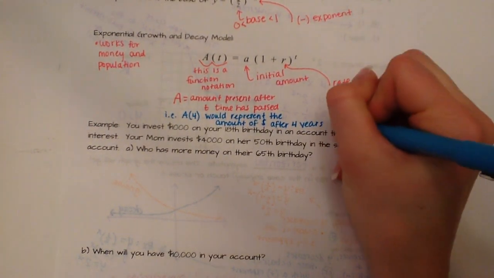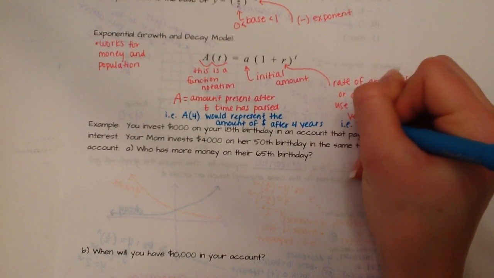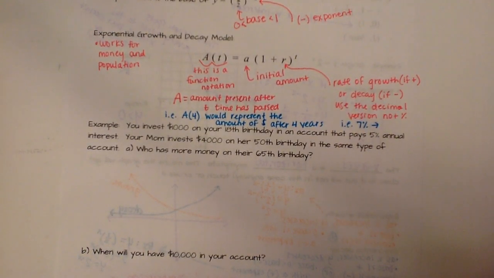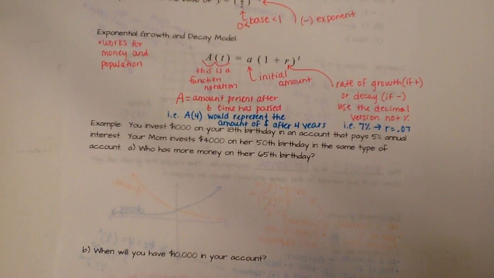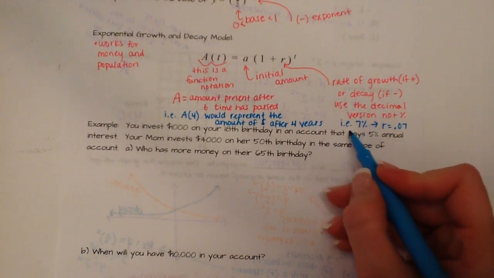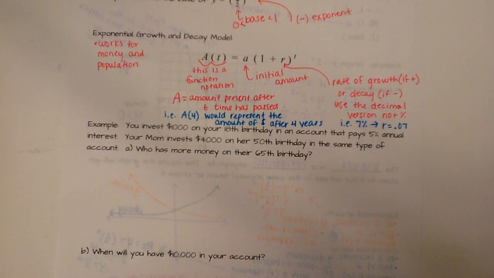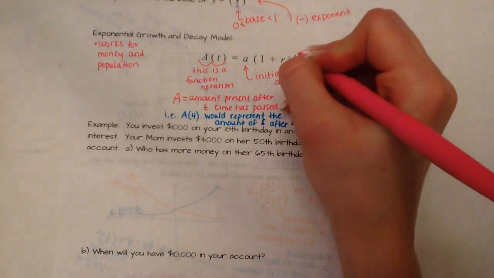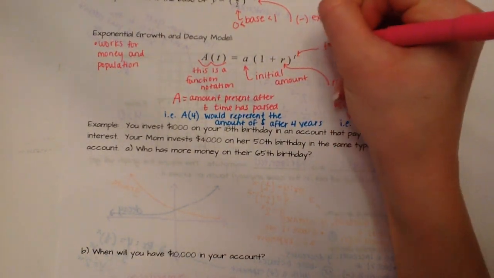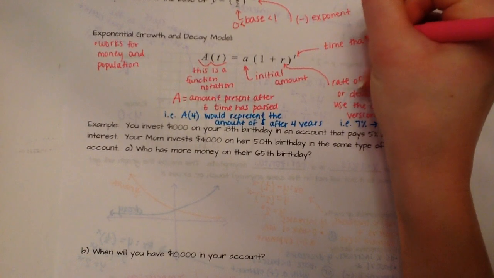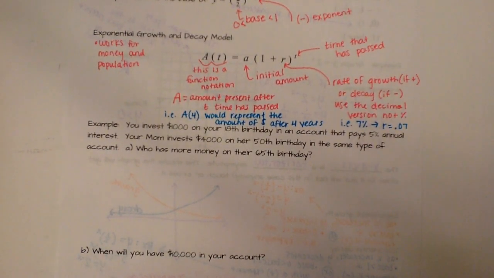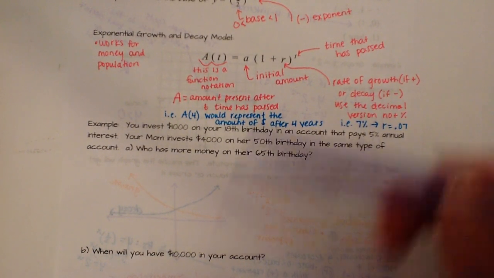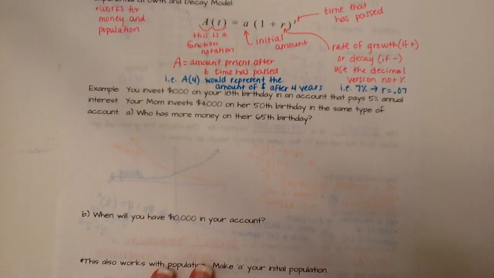So for example, if we're given 7%, we're going to use the decimal version, so your r would be 0.07. So we moved our decimal places 2 to the left. And then the last thing, our t up here, t represents the time that has passed. So we're going to use this model to do this example.